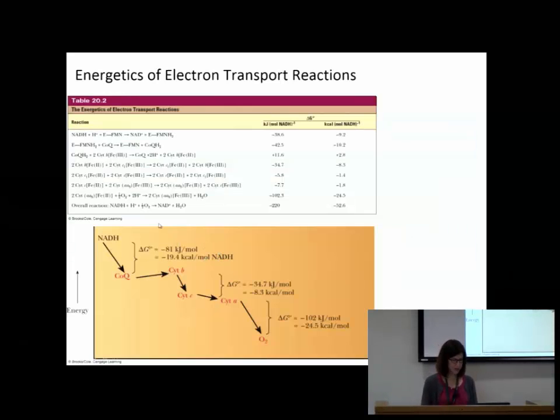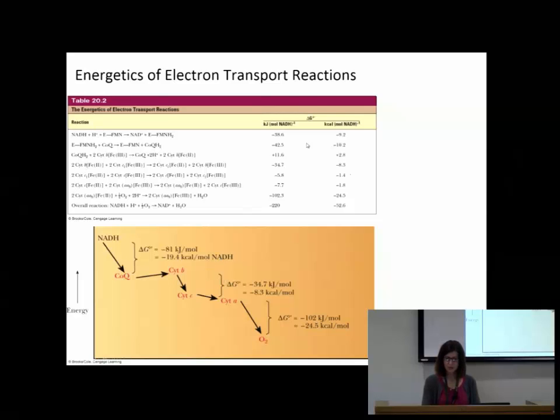Here's the free energy. I'm not going to focus on this. I'm going to focus on this one. This is complex 1. This is complex 3, and this is complex 4. So you can see that we get a lot of free energy in these 3 complexes. Complex 2 is not really on here, because it doesn't take the FADH.